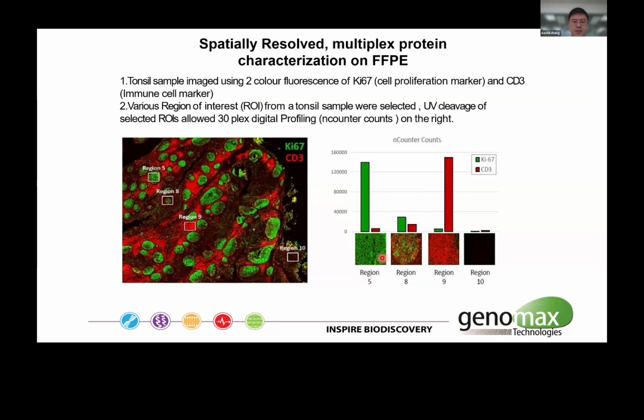One is enriched in Ki67 positive cells, one is enriched in CD3 cells, one is a mix of both, and one is negative for both markers. So by running the assay on the GeoMx platform, other than the qualitative image, what you can get is also quantitative data, numerical expression level for different analytes, and then you can compare between different regions to find out the significant fold change.